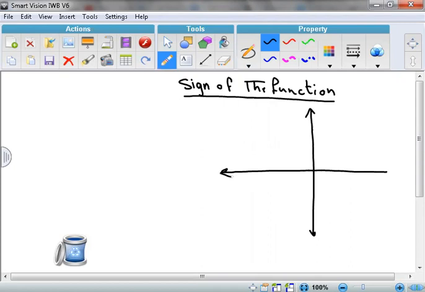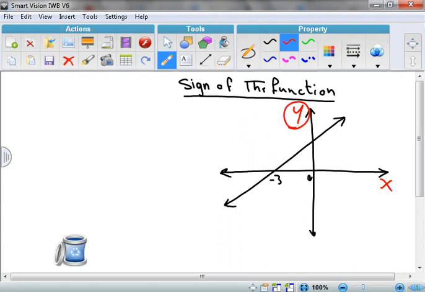If you look at this shape, you will find this is the y-axis and this is the x-axis. The y-axis means f of x, or the function.